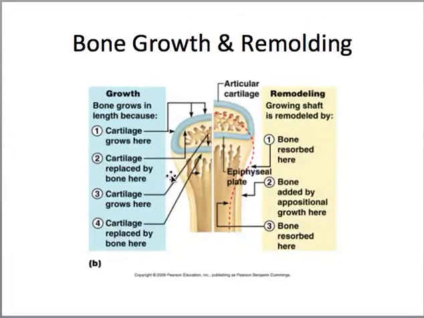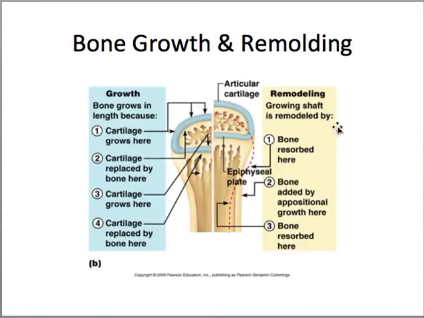The cartilage is replaced by bone deep to where the cartilage occurs, and the cartilage is actually growing only here in the epiphyseal plate, and the cartilage is being replaced by bone deep to the epiphyseal plate, distal to the proximal head and proximal to the distal head, if you can imagine the two ends of the bone.